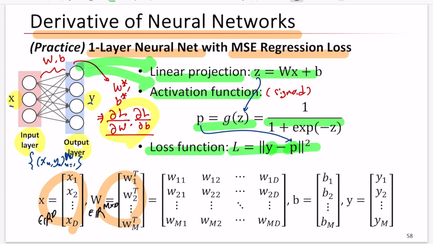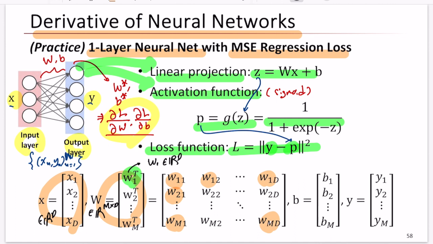For shape computation or simplicity, let's suppose that W consists of M rows, where each row vector, let's say W1, is in R to the D space. So it means that the W matrix should be like W11, W12, W1D, W21, WM1, WMD.